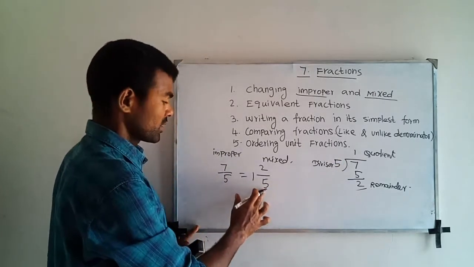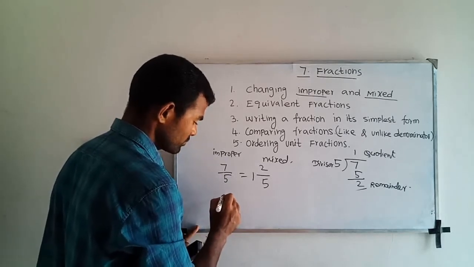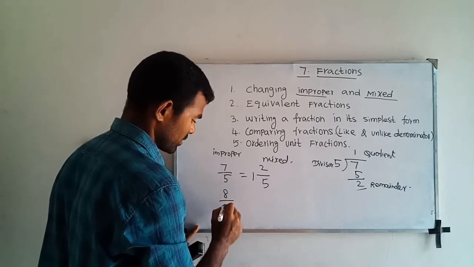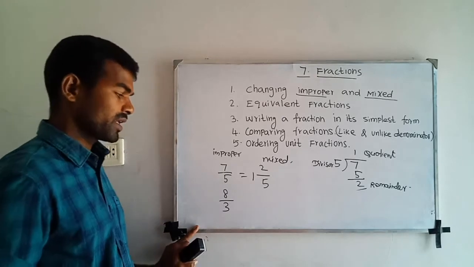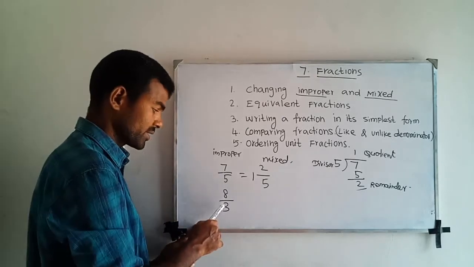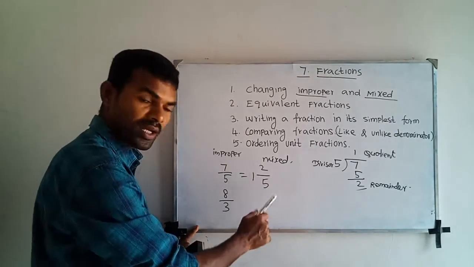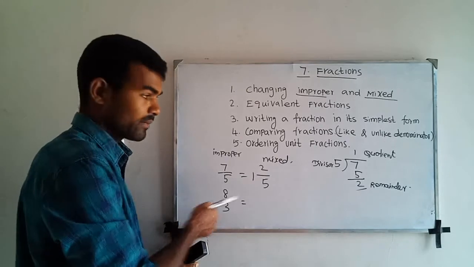Let us see another one. 8 by 3. Yes, 8 by 3. This is the improper fraction. Change the improper fraction into a mixed fraction. How will you write the mixed fraction? Same concept.